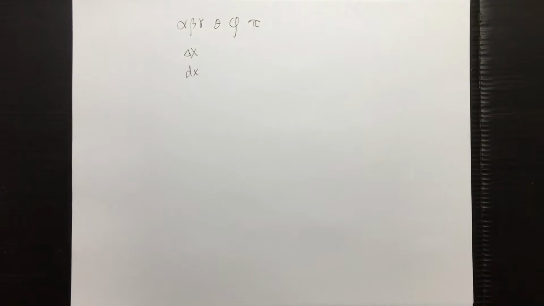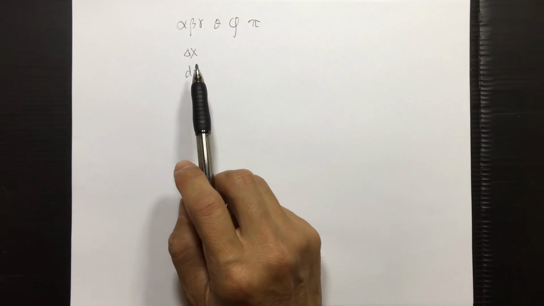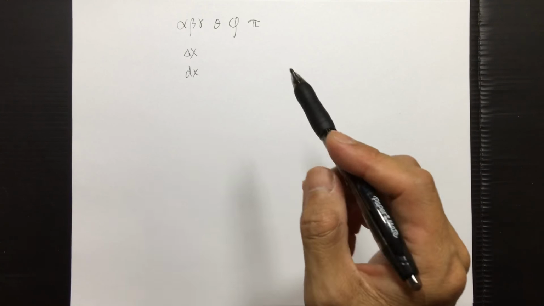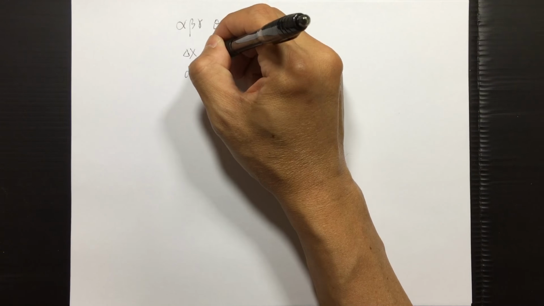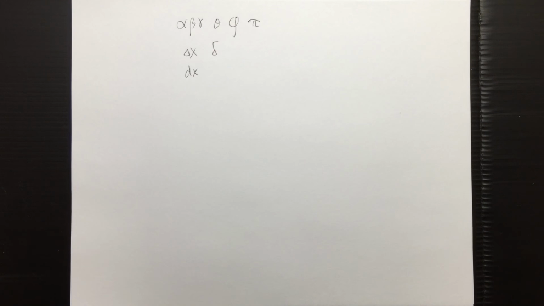A finite segment on x, we call it delta x. Delta, this is capital, small is this. This is also called theta, but this is almost going along with pi. You call it delta. You don't go around and call this theta, because this is going to be a problem.